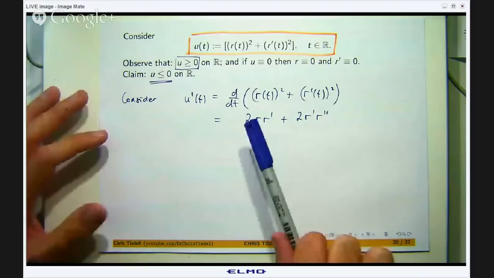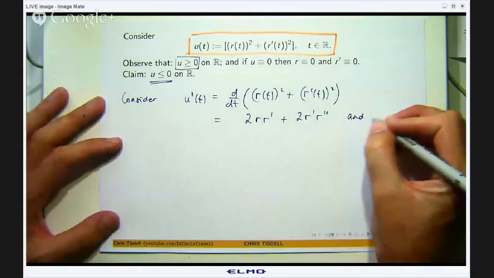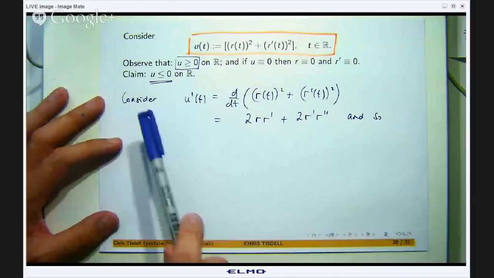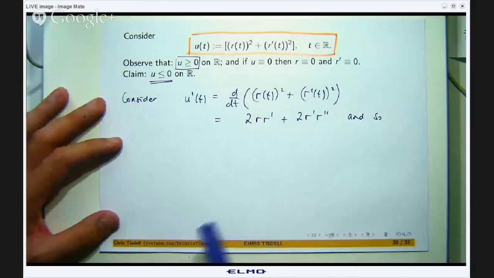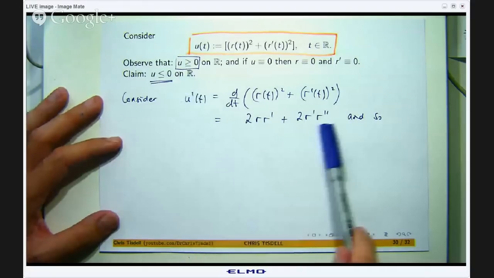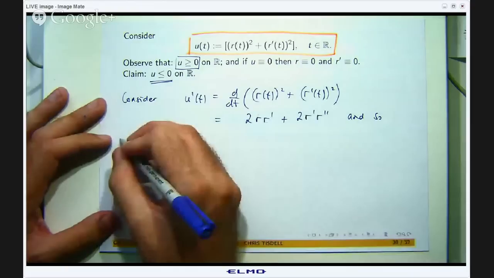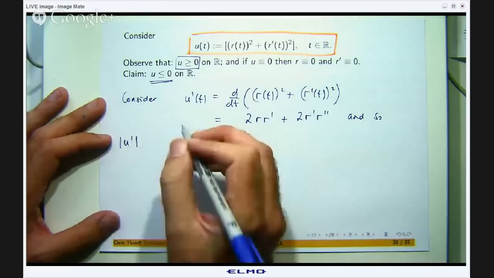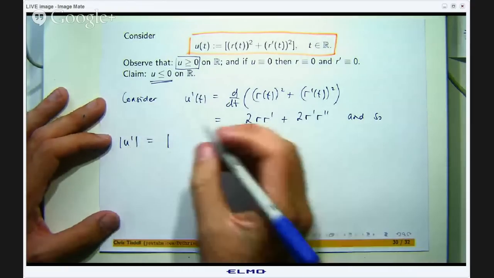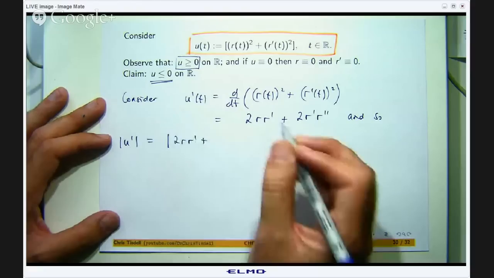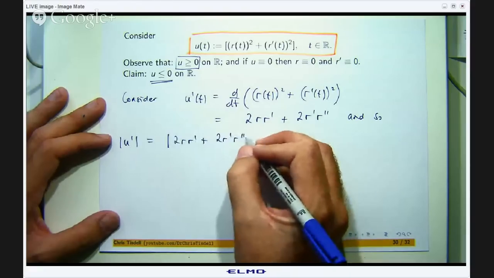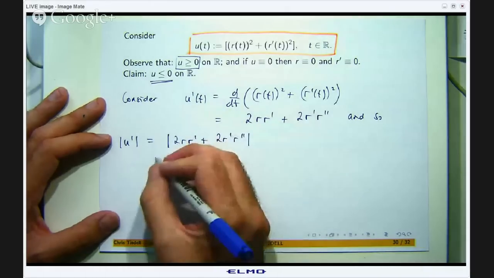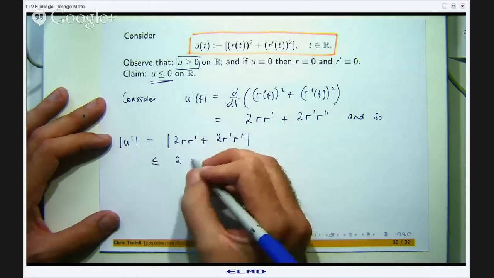Now, if I take absolute values on here and transfer that over here, I'll get the following. Now, if I use the triangle inequality, this is the following.